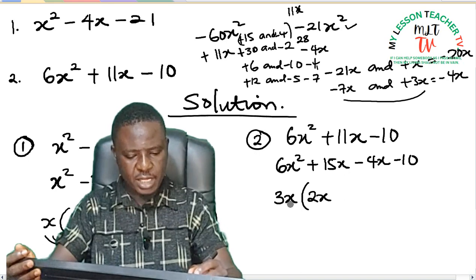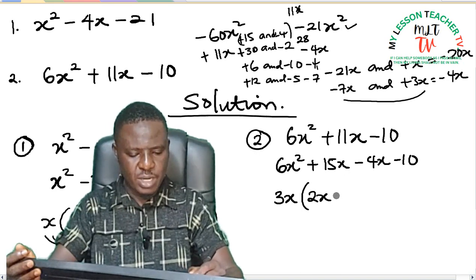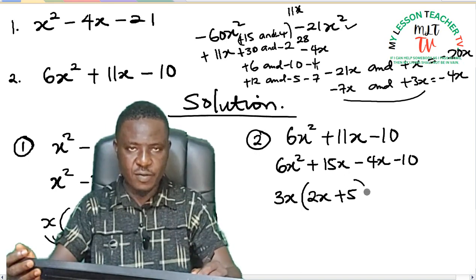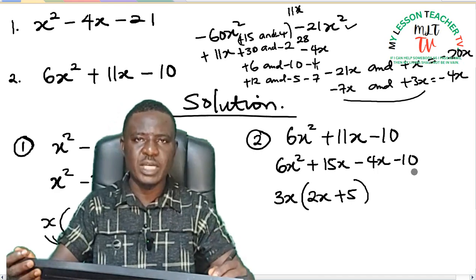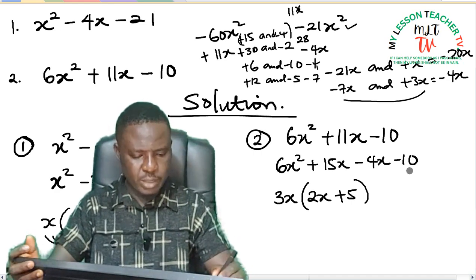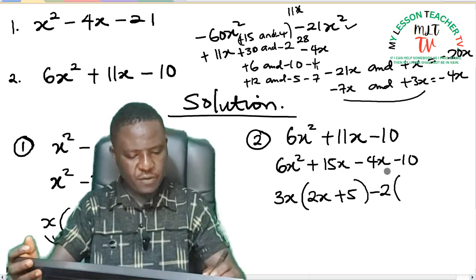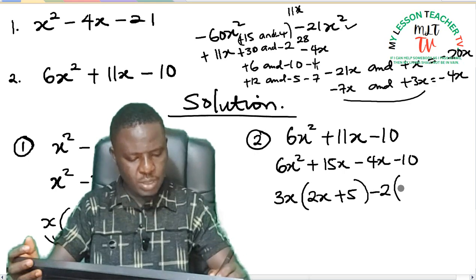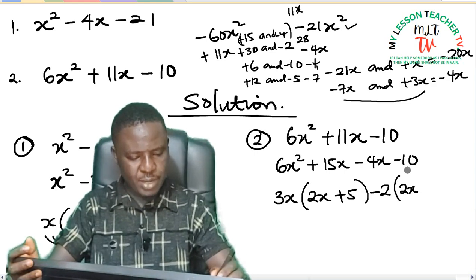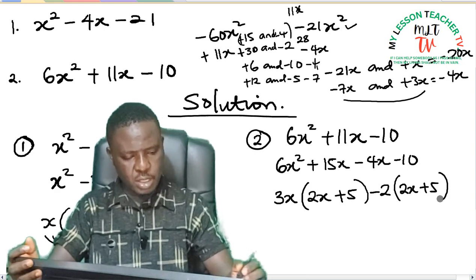Divide plus 15x by 3x, you'll be left with plus 5. Do the same for the next two terms. When you look at the next two terms, you agree with me that minus 2 is common. So bring out minus 2. Divide the first term by minus 2, you'll be left with 2x. And divide minus 10 by minus 2 gives you plus 5.